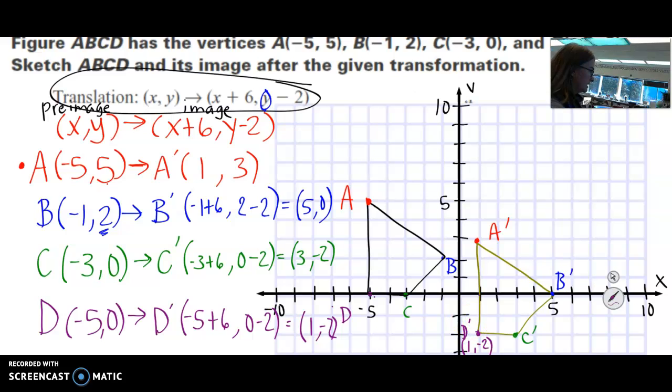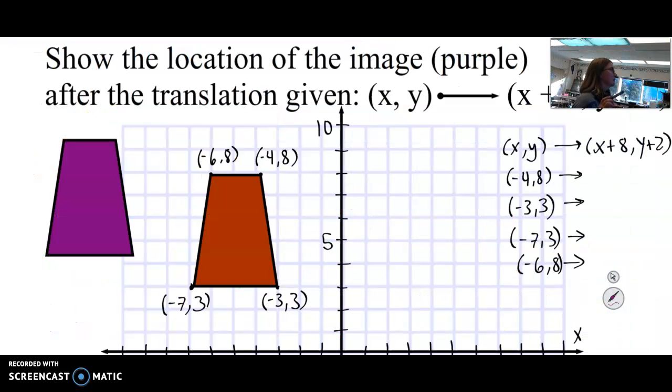All right, next example: show the location of the image, the purple, after the translation given. So the original XY coordinates are now going to become X plus 8 and Y plus 2.